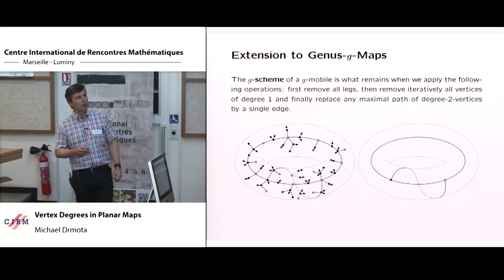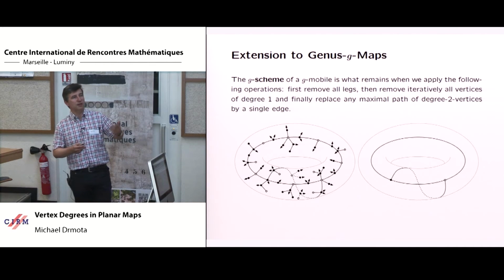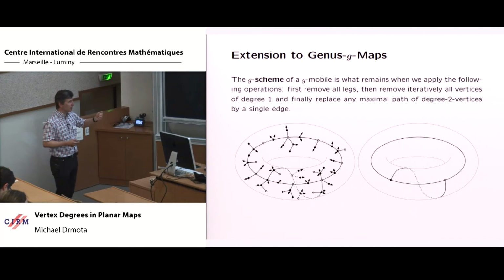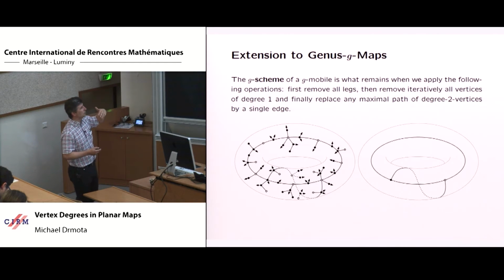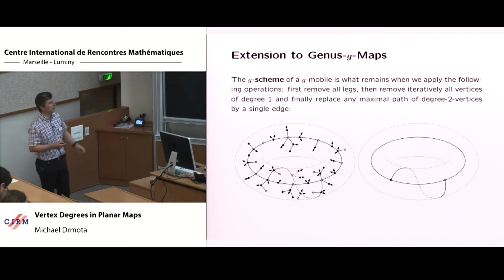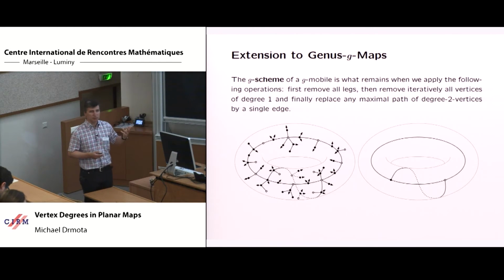If you remove all of them, what remains is a kind of skeleton or scheme that is uniquely given. And of course in the planar case you only have a single vertex that comes out of it. But on the torus, you see this can be more complicated. You have cycles here, and it's a nice thing that there are only finitely many different schemes on every manifold.